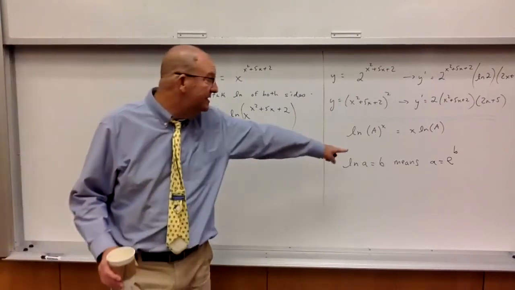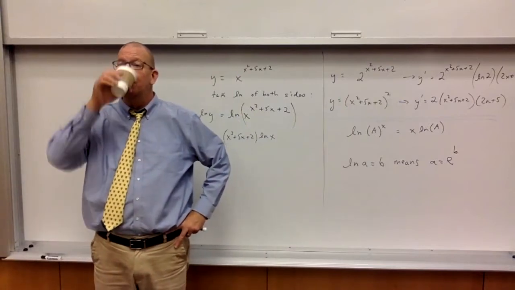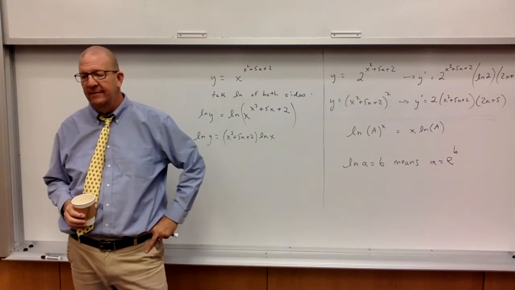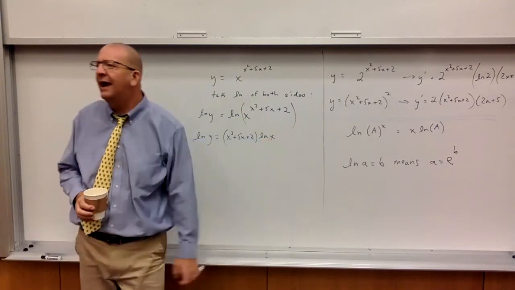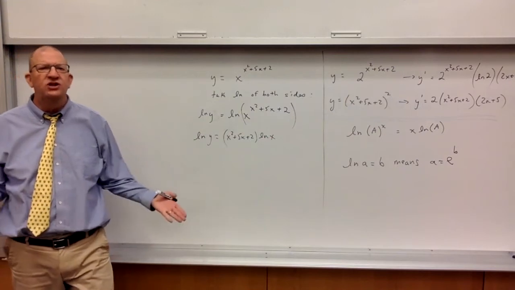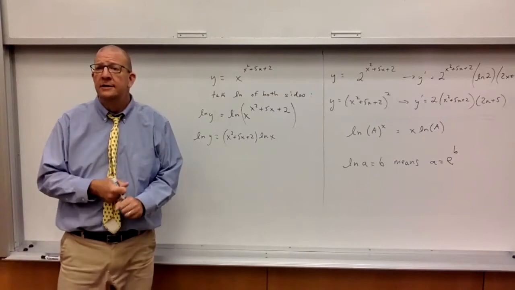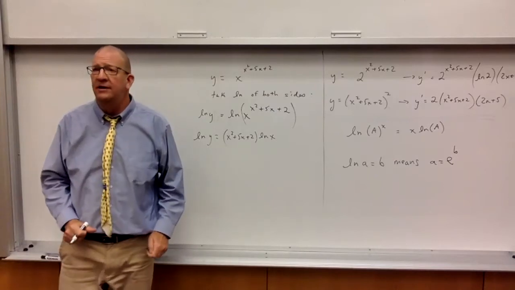So B in this case is the exponent. So we sure are doing a lot of pre-calculus for logarithmic differentiation, aren't we? When's the differentiation going to come in? Hold your collective horses. It's coming.